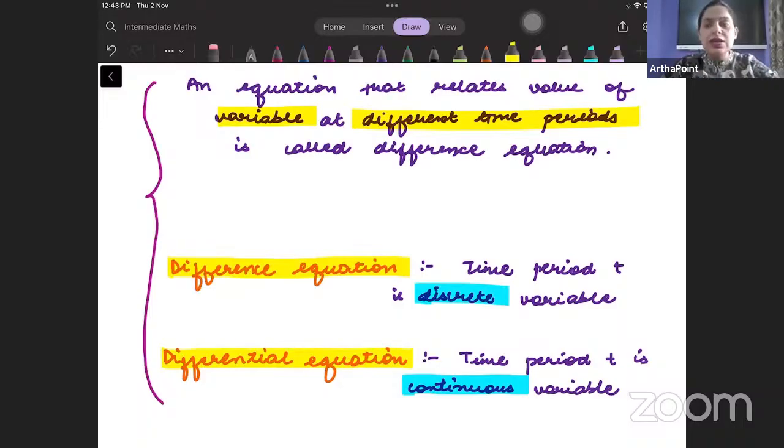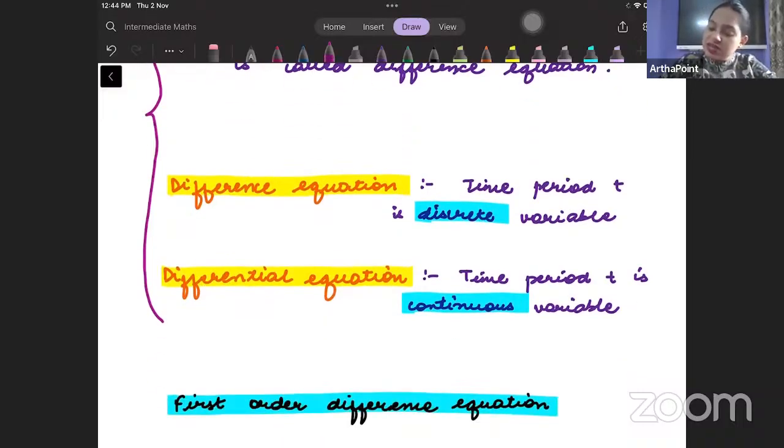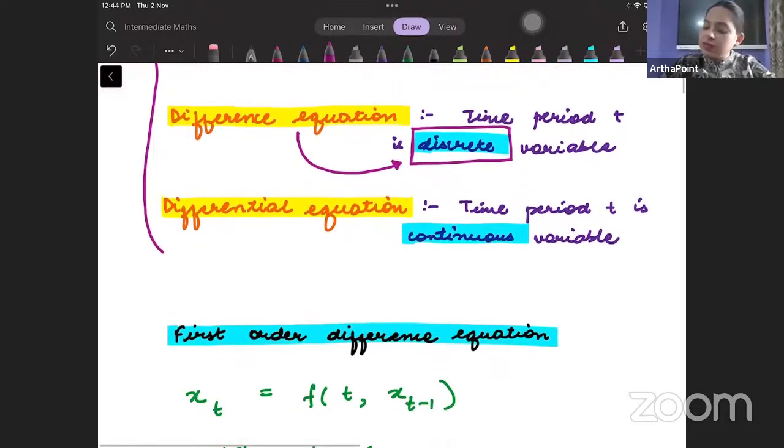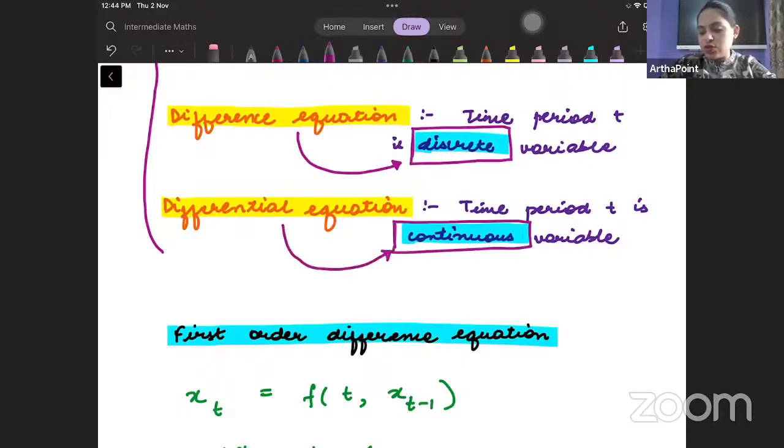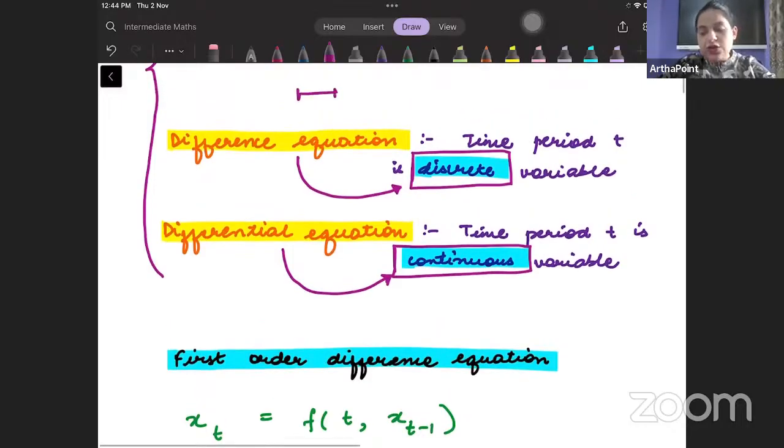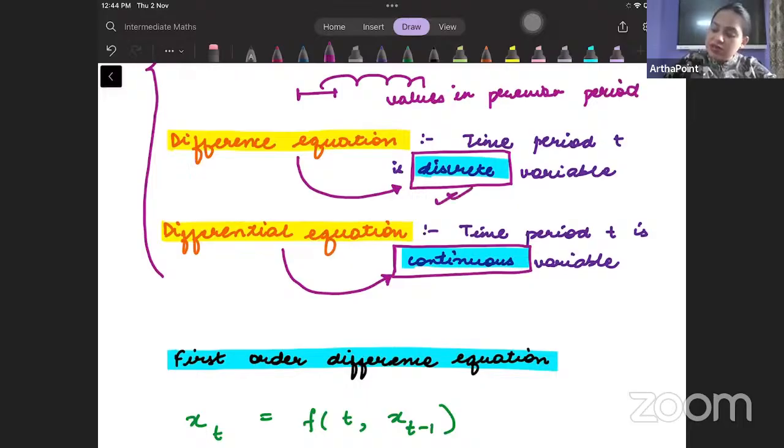But what is the difference then? The difference lies in whether the variable is discrete or continuous. If my variable is discrete, then I am talking about a difference equation. And if my variable is assumed to be continuous, then I am talking about a differential equation. So a difference equation is connecting one variable with its values in the previous periods, but that variable should be discrete.